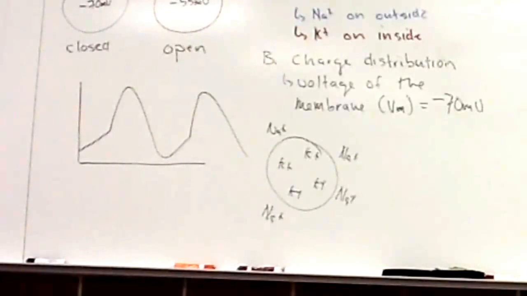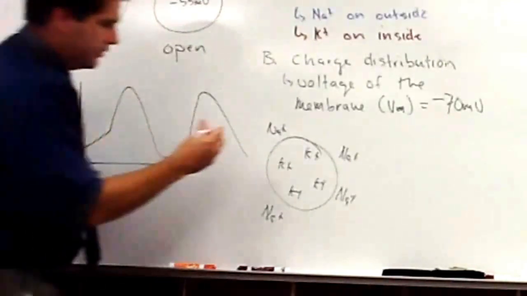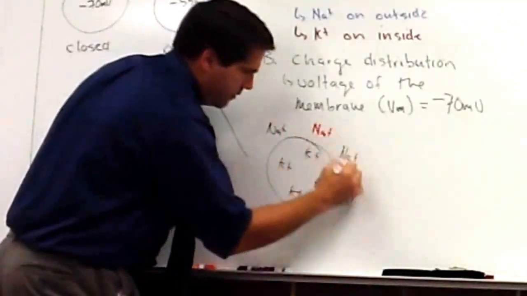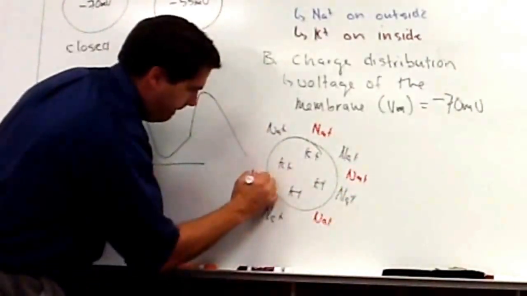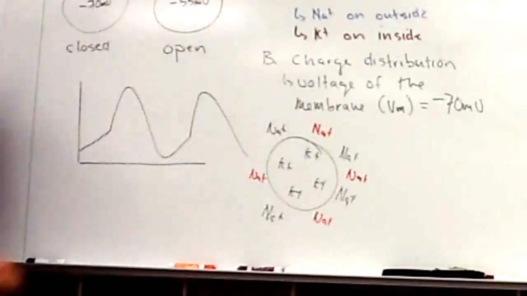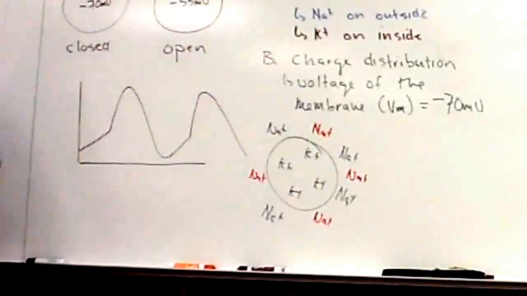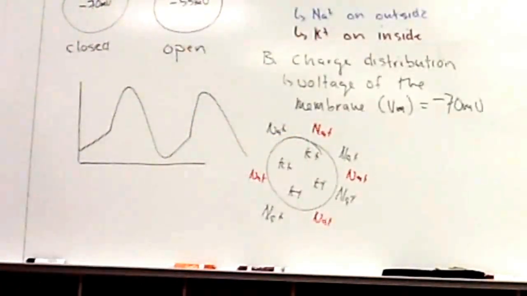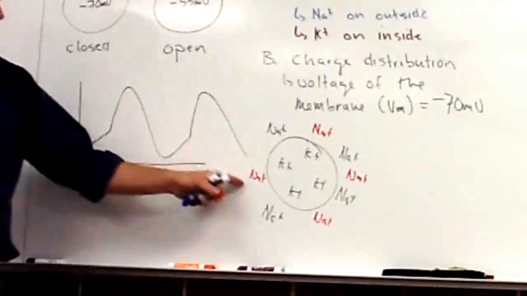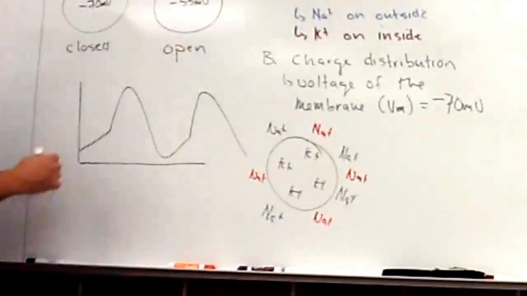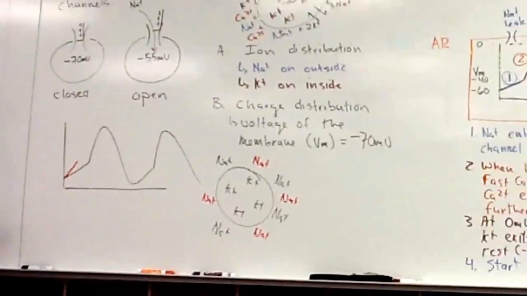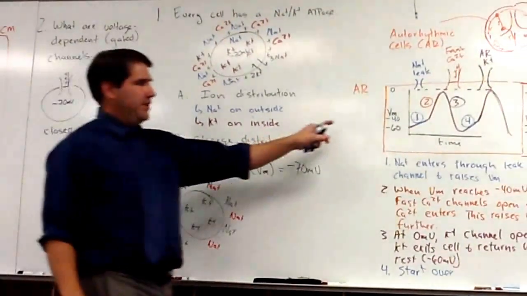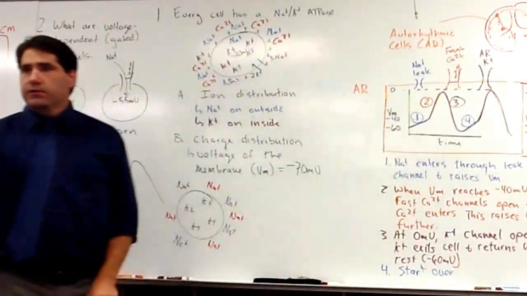But now I like my sunflower seeds, and so I eat additional sodium. If we just focus on the black, sodium is leaking in at a certain rate right here. But if we add additional sodium, the sodium will leak in faster. Which means I will get to minus 40 faster to kick off those calcium channels.